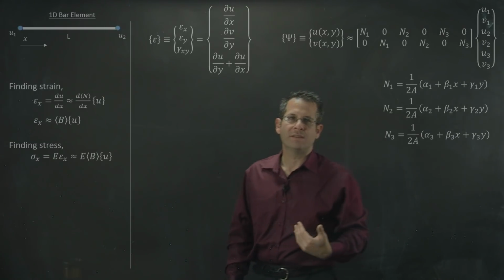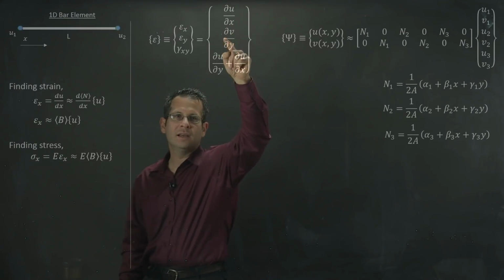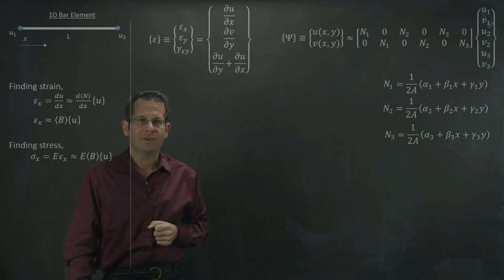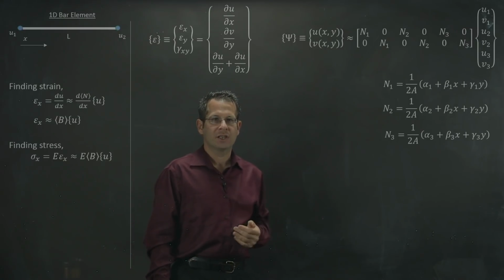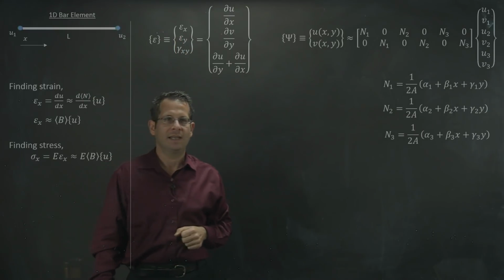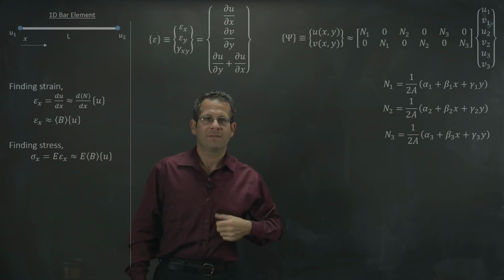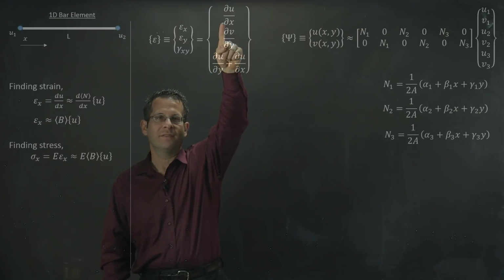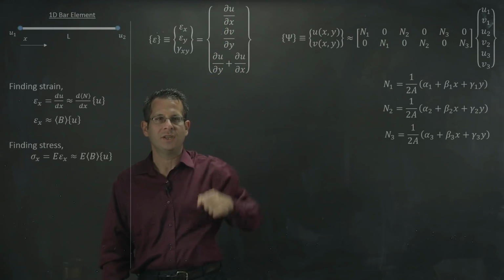So now we need to find all three components of strain. Let's see if we can find an approximation for strain in the x direction. To find strain in the x direction, we need to find an approximation for du dx.